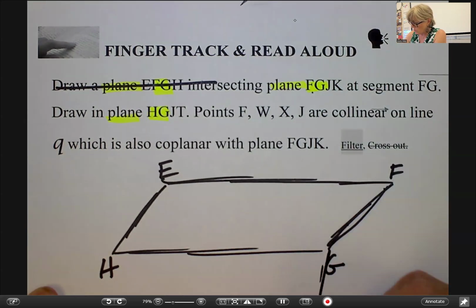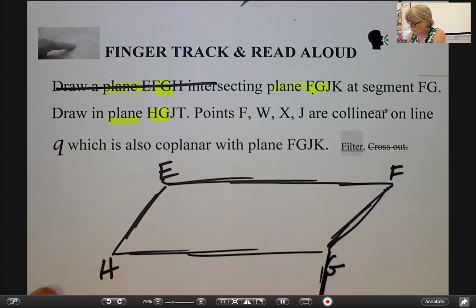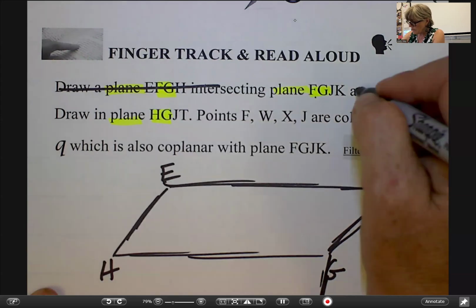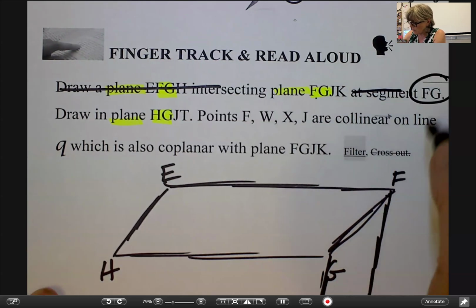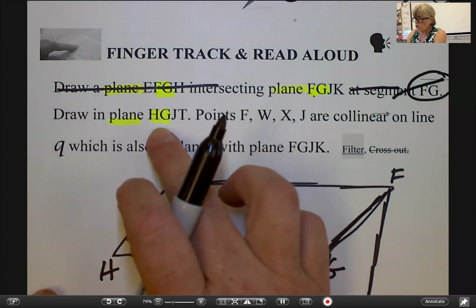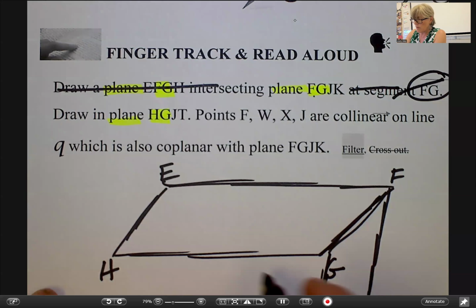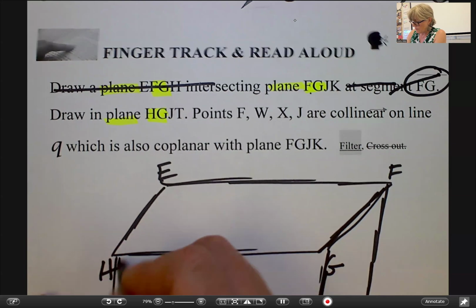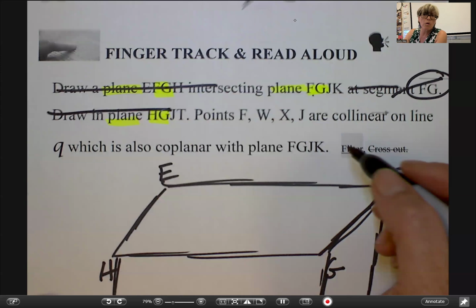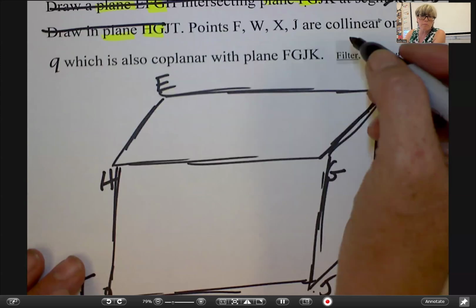FG, go down, J, K. And we intersect at segment FG, which we got right there. Draw on a plane HGJT, same letter, same point. HGJT. Ta-da! We're working ourselves into a box.